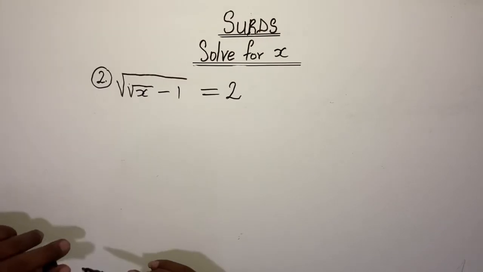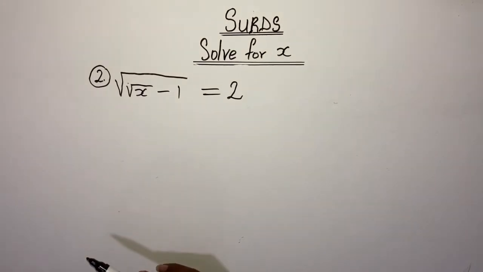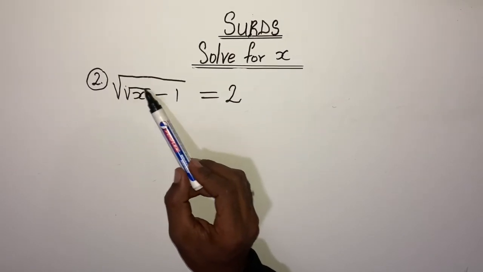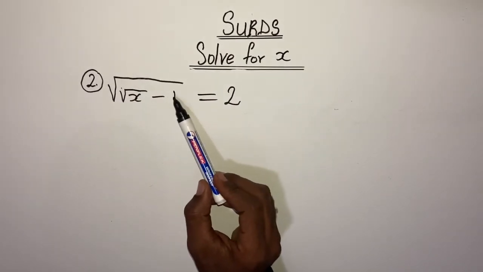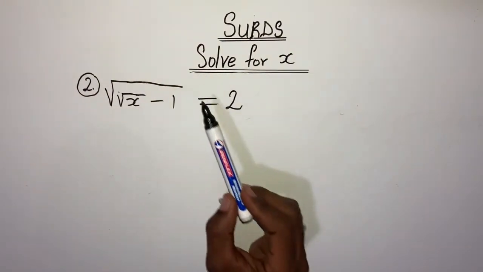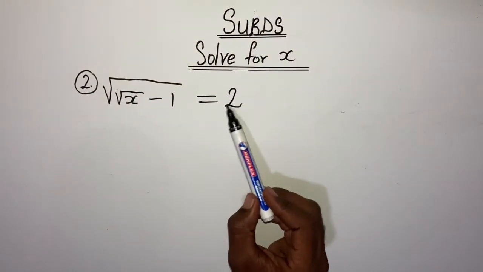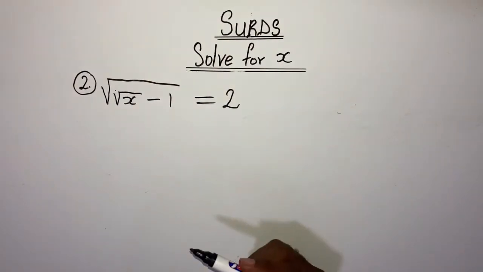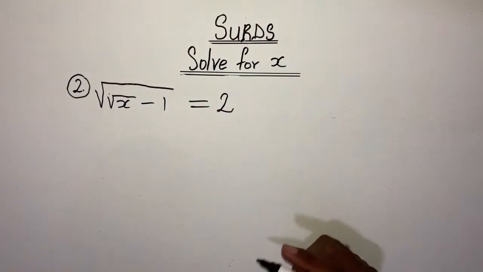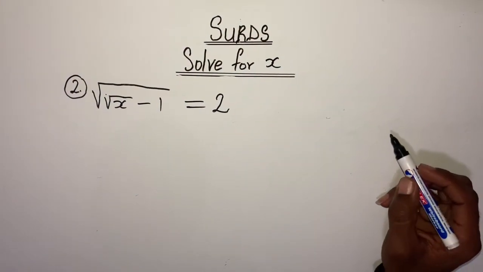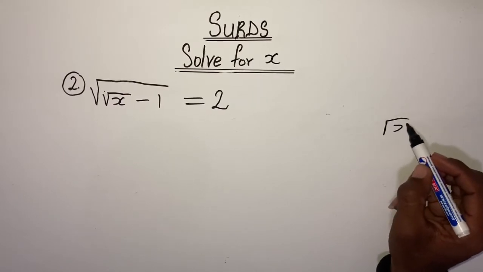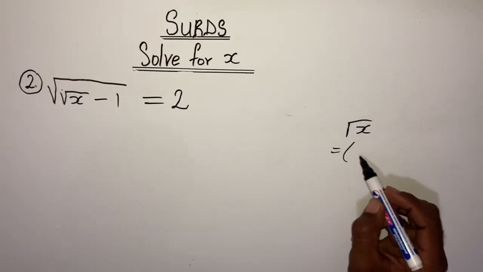Now we are on our second sum, which is the root of x minus 1 being equal to 2. So we still go on to use the rule that says to remove a root you'll have to square.